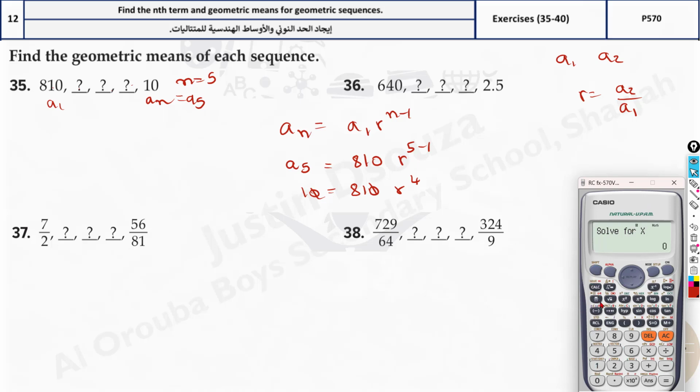Now you have to press shift and solve and then equal to, now you get the answer. It might take a few seconds, but you'll definitely get it. And it's taken, now press equal to, and that's the answer. So the final answer is 0.33, that is 1/3.